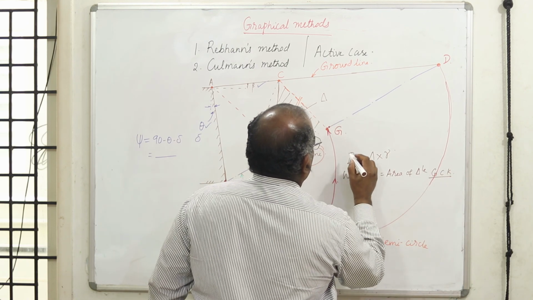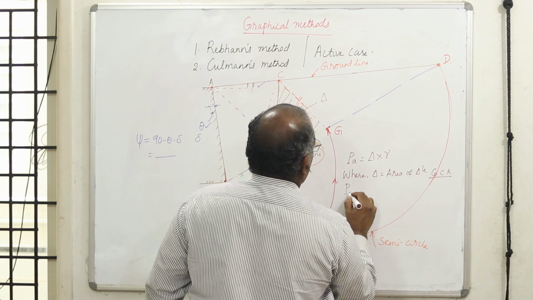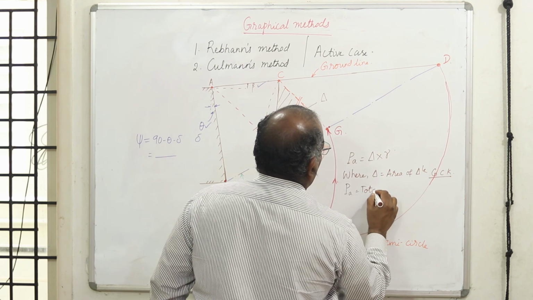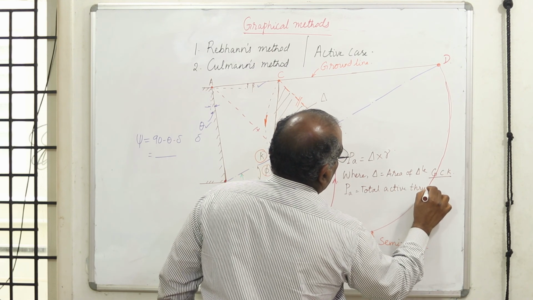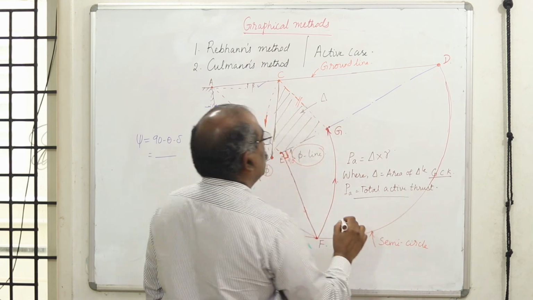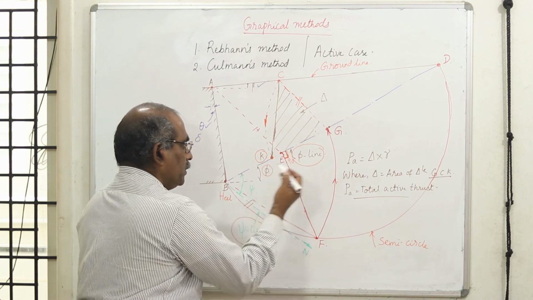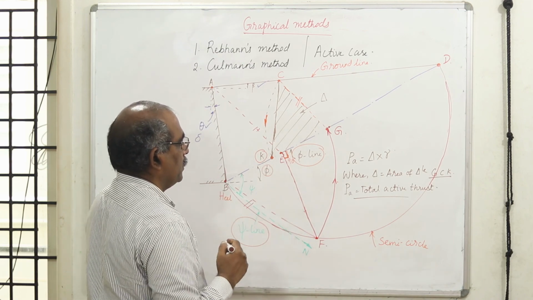This is the active thrust, where PA is the total active thrust. One can do it analytically, one can do it graphically and compare, we will get the same answer.